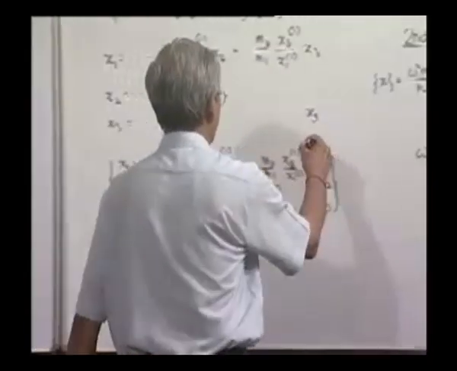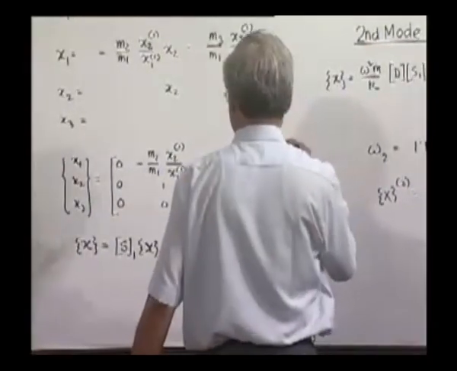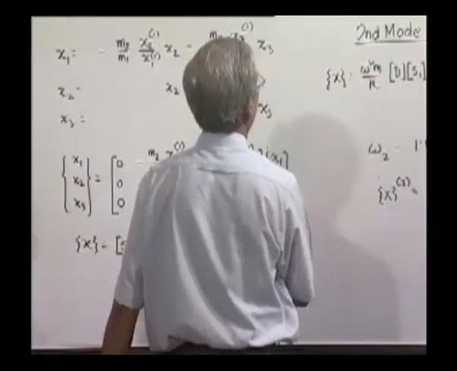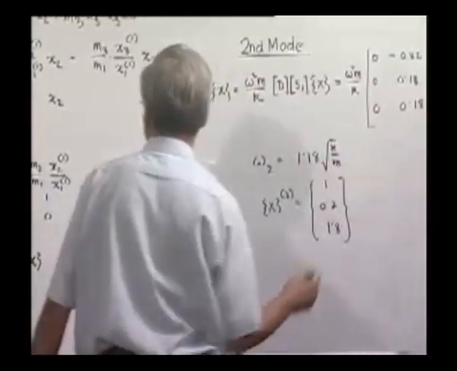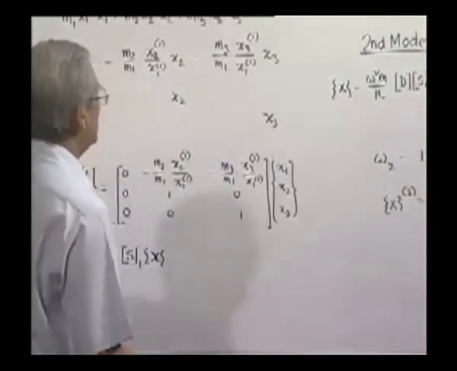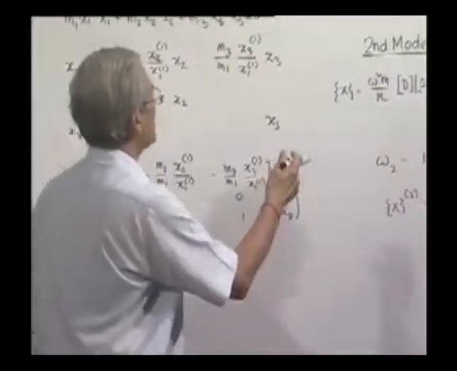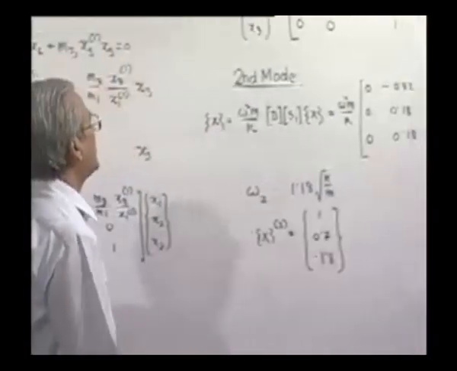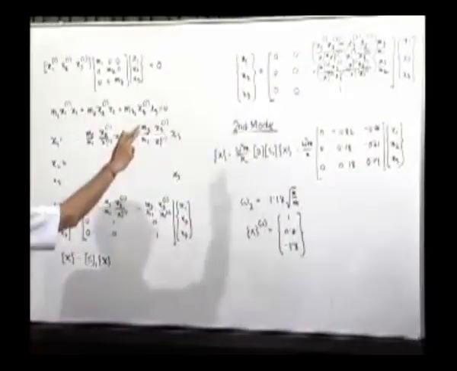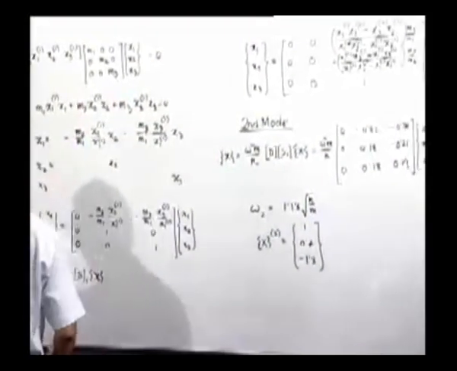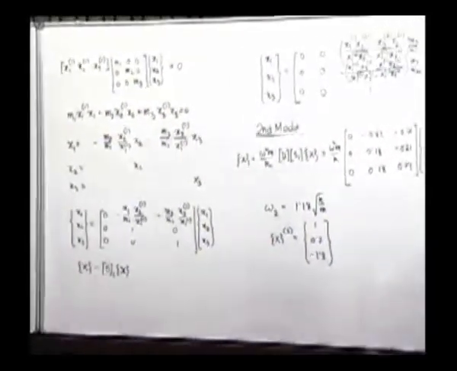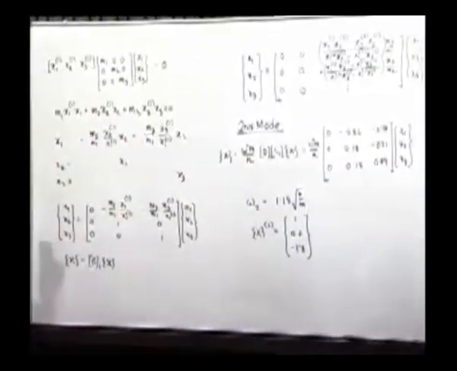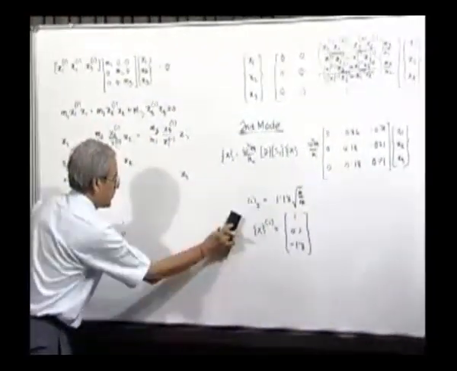So this is the sweeping matrix. When you multiply the sweeping matrix by this, you get this. If we use both the sweeping matrices, that means C1 and C2 are 0. If we multiply that by D, we will get the equation for the third mode.